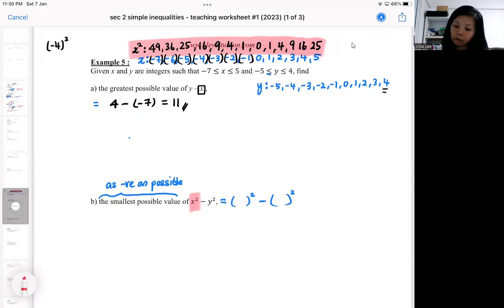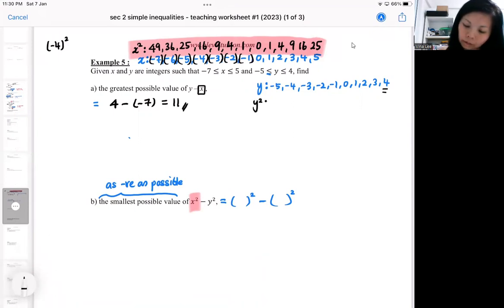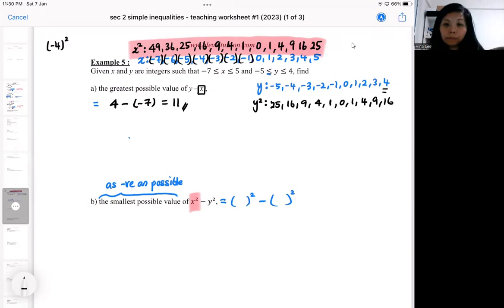Okay? And then try squaring the y. You square a -5, you will get 25, you will get 16. All the negative numbers after you square will be positive. So I hope you understand why negative times negative is positive. So you want as negative as possible.